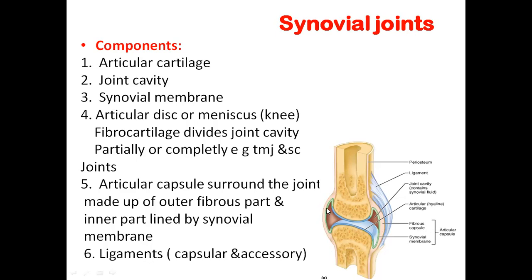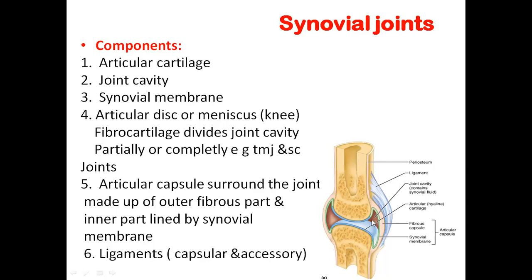Synovial joints have a cavity, and these cavities are filled with a fluid called the synovial fluid. The articular ends are covered with hyaline cartilage. Similarly, this bone's upper end is covered by hyaline cartilage. This is the cavity. This is the fluid, synovial fluid.